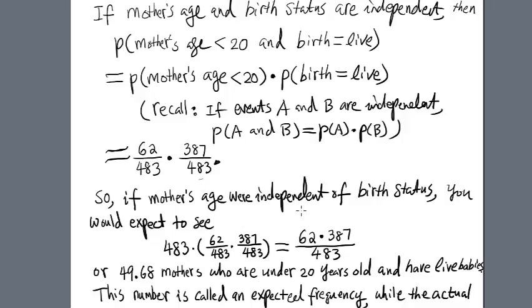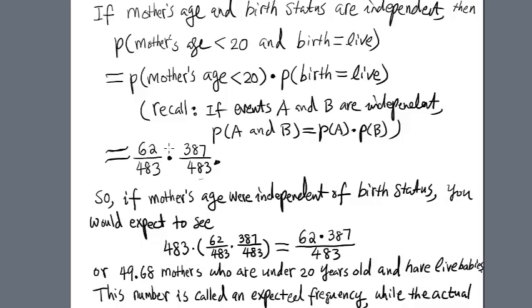So if mother's age were independent of birth status, you would expect to see 483, the total number of mothers, multiplied by this. This is the probability that mother's age is less than 20 and birth is live, the joint probability we just calculated.